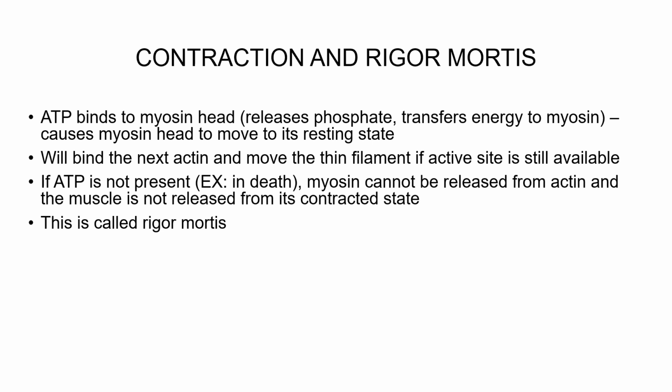So calcium stays bound to the troponin, which means myosin and actin can still get together. And we need an ATP molecule to bind to myosin to remove it from actin, as you can see in this first bullet point. So ATP is needed to move it to the resting state. The fact that we're dead means we don't have ATP, or we're not making ATP, right? The cells are dead too.